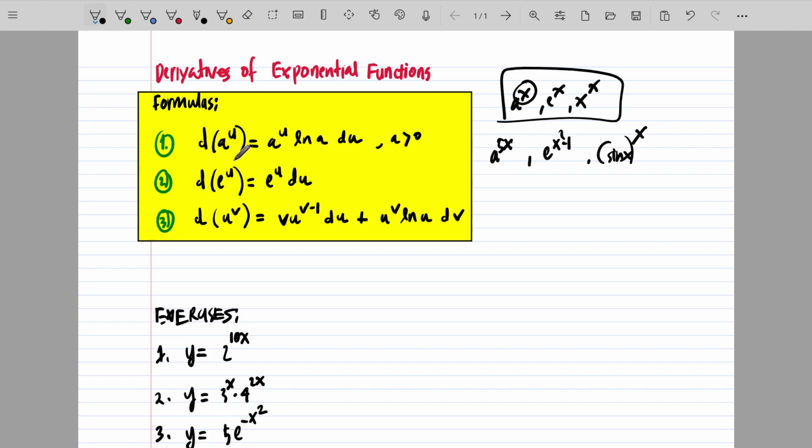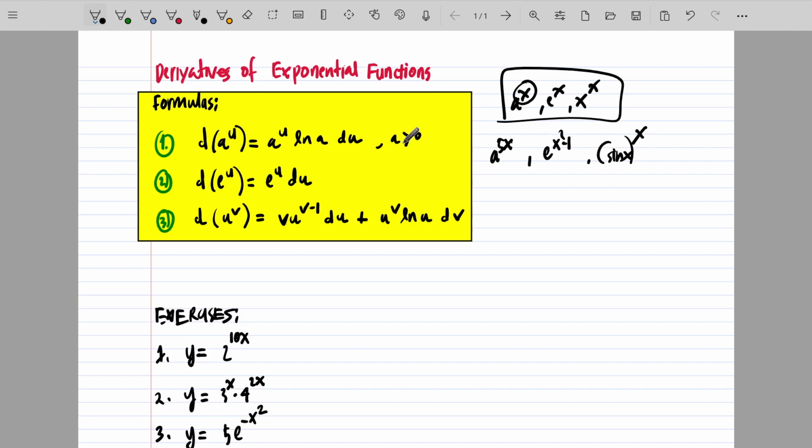If we look at the formulas for the derivatives of exponential functions, number one, the derivative of a raised to u is equal to a raised to u times ln of a du.